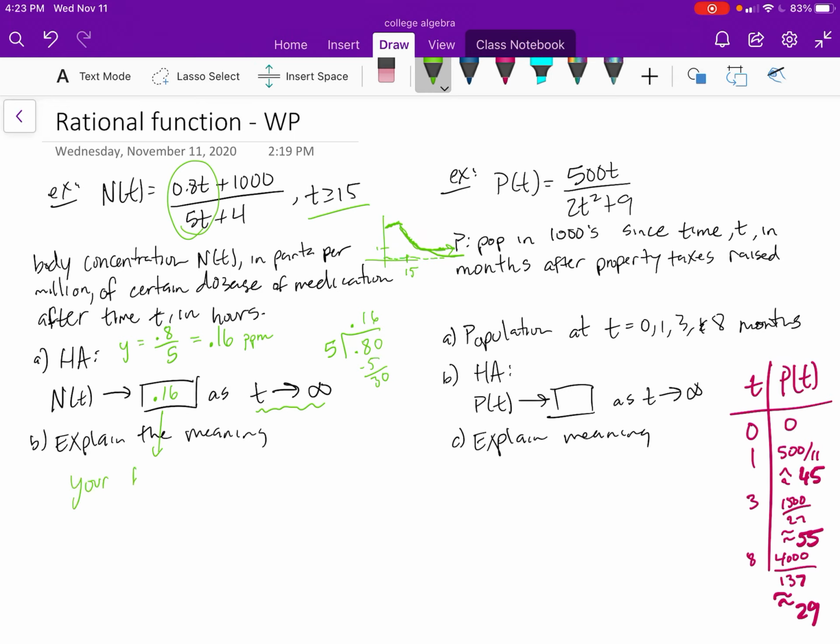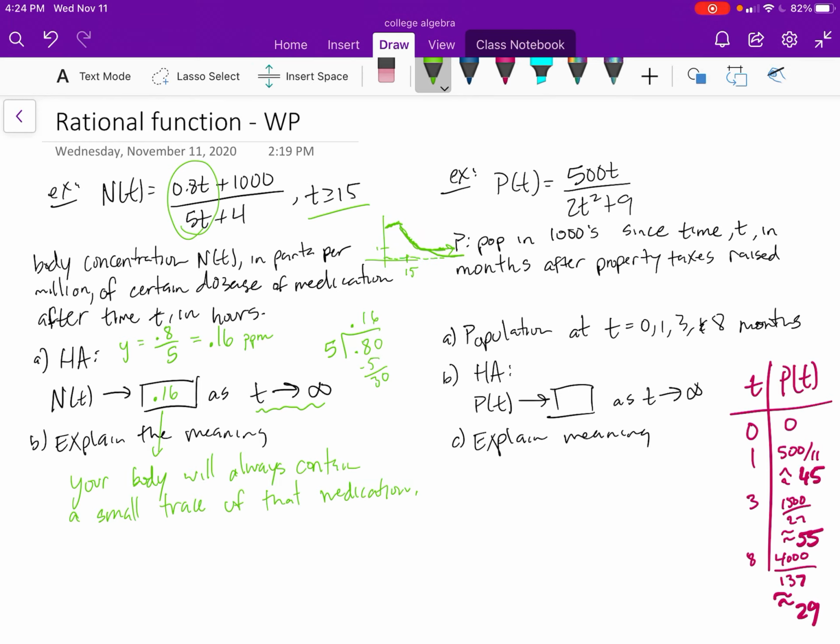So your body will always contain something like this, a small trace of that medication. Or indefinitely, I don't know. You get the point.